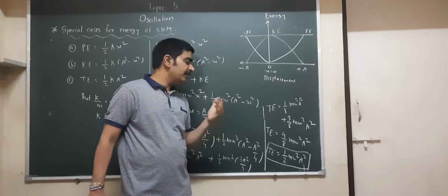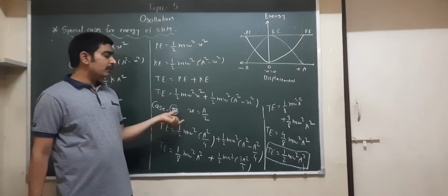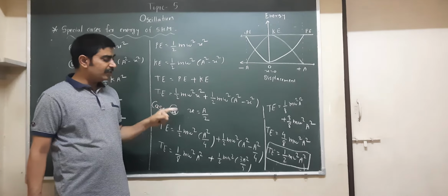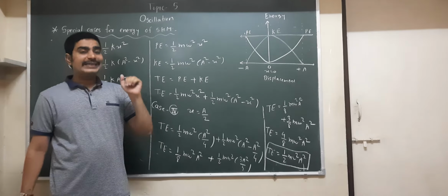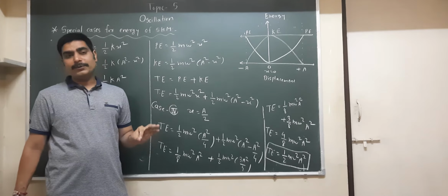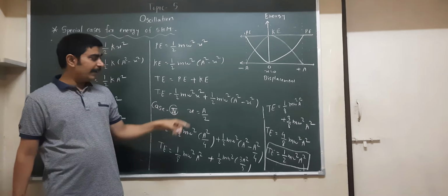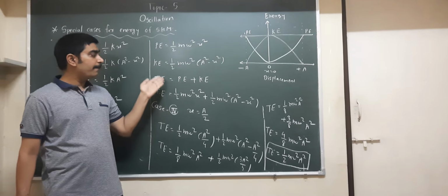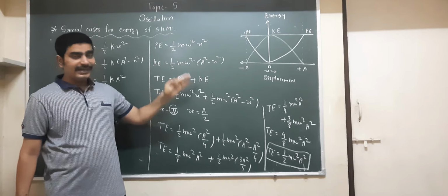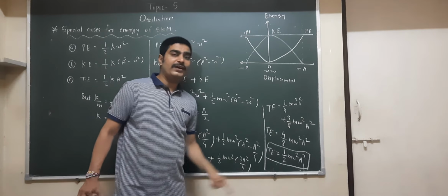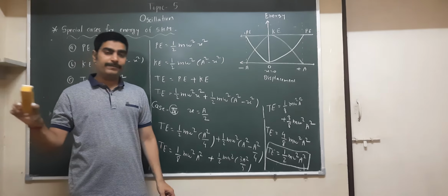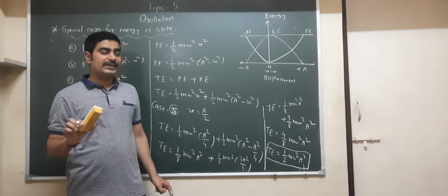So at x is equal to a by 2, the total energy is equal to half m omega square a square that we have derived. At the same time, remember one important condition: when x is equal to a by 2, the ratio of potential energy and kinetic energy is 25 and 75, so 1:3. That is also a very important case.